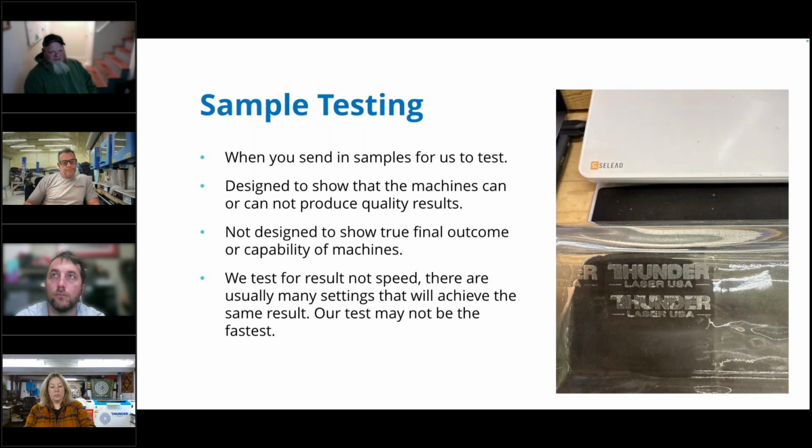Right. So you can use that and go, okay, if that was running on a 130 watt machine, then there's a little math involved. So I know I could probably do it on a 100 watt machine, but I'm just going to have to change a few things. And a lot of the time, since I do a lot of the material library building, the result is what I'm going for. It is not the speed.